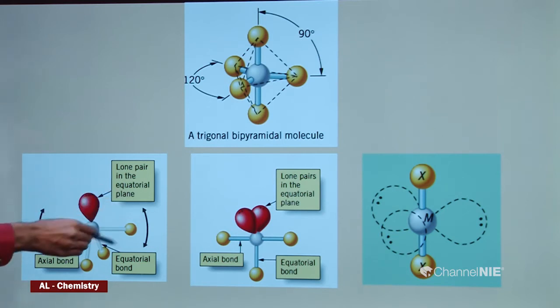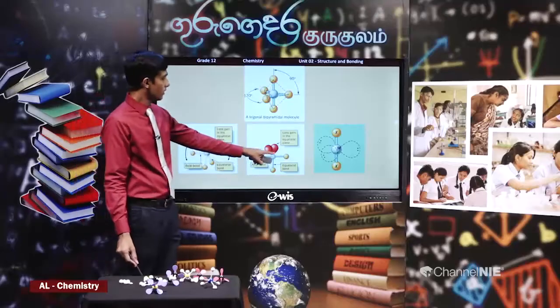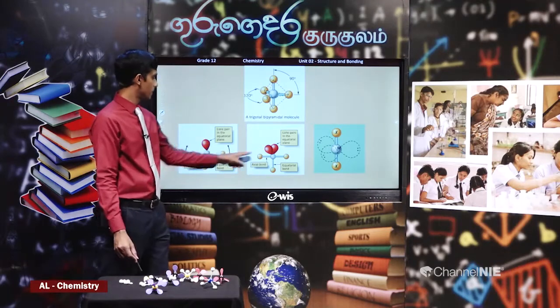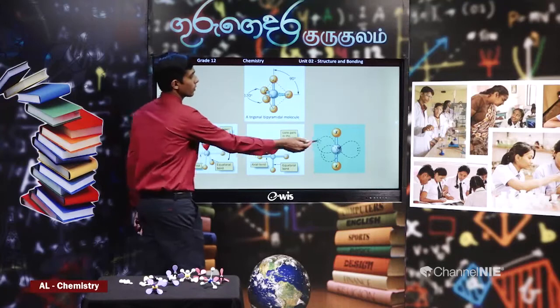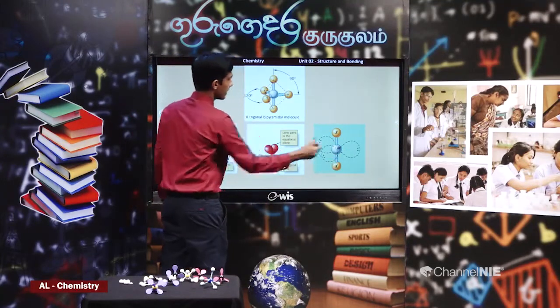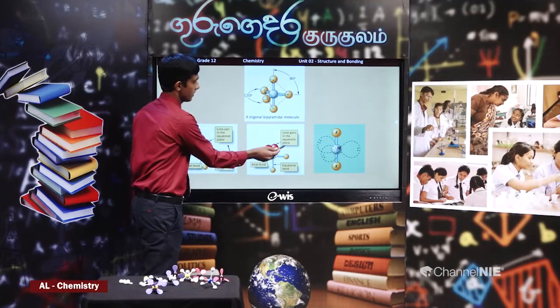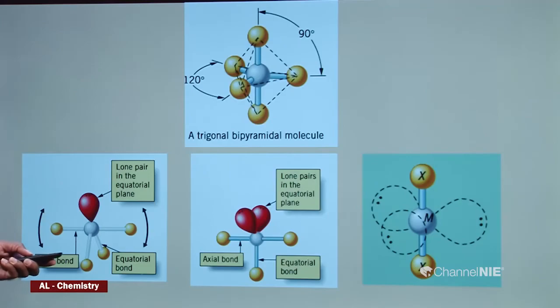So this is the arrangement when you have one lone pair out of 5 VSEPR pairs. Then when you have 2 lone pairs out of 5 VSEPR pairs, that is T shape, this is seesaw shape. When you have 3 lone pairs, this shape is linear. Right. So here also lone pairs are in the equatorial plane, and T shape molecule or ion.